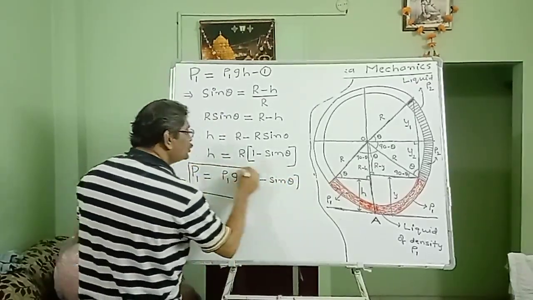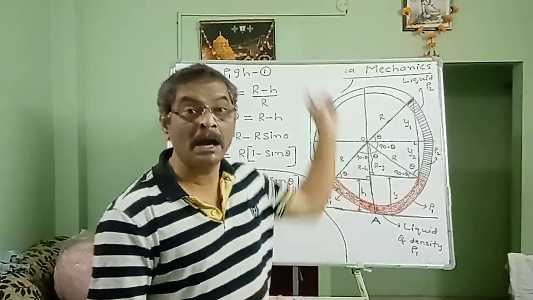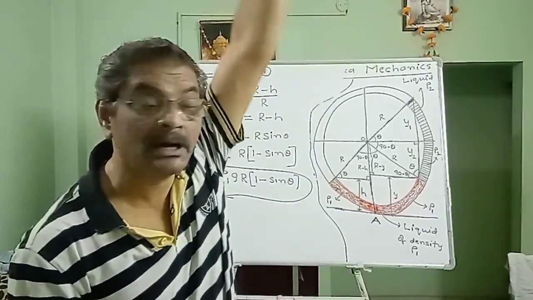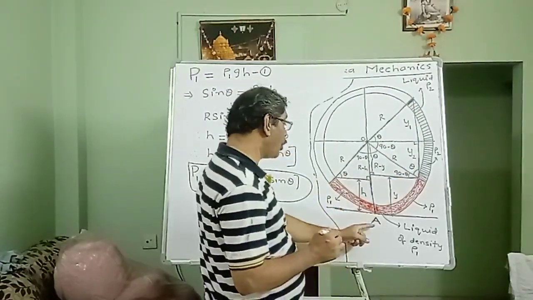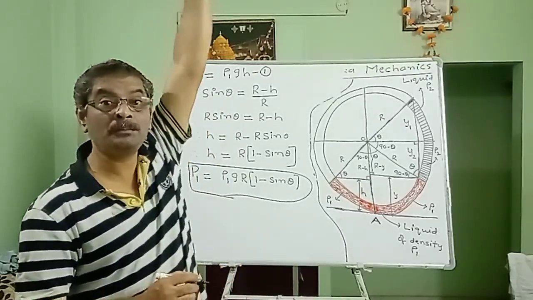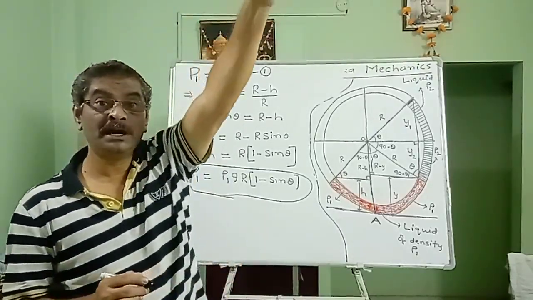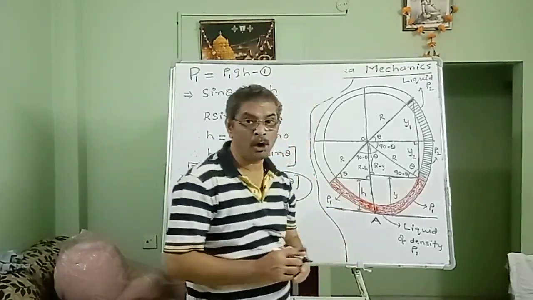So remember, this will be the total pressure that will be exerted by the left column at the point A.